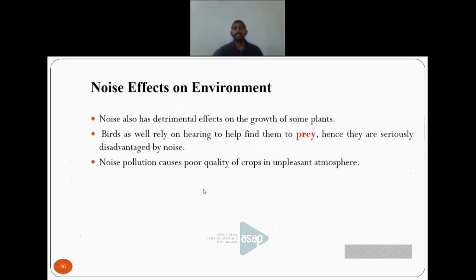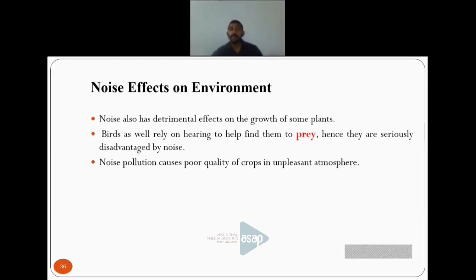And next, let's move to noise effects on the environment. Noise also affects growing plants. Like humans, they need a pleasant, calm environment for the productivity of the crops to increase. It is found that the growth of some plants deteriorates because of higher noise exposure.